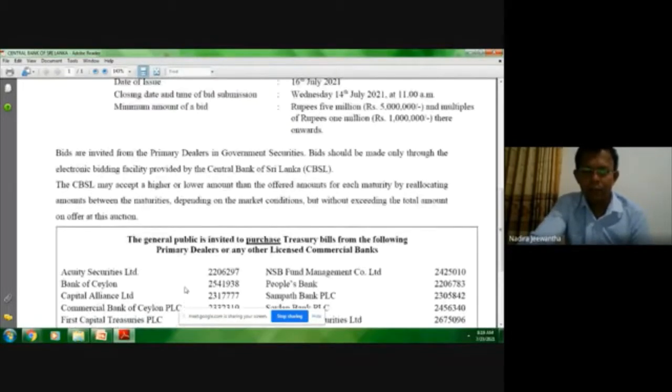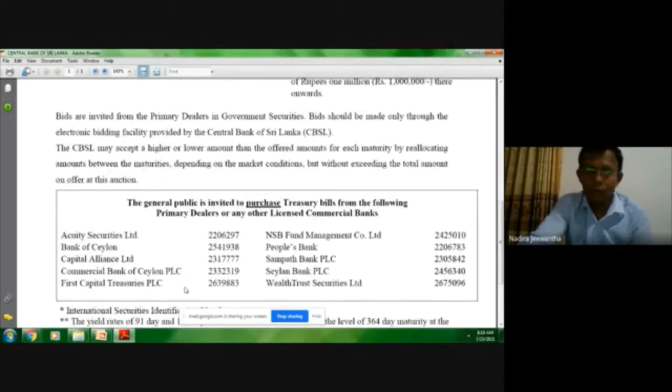Right. I also wanted to upload another paper article about the primary dealers. Their capital requirement has been increased. Presently the requirement is 1 billion rupees, but the government has increased it to 2 billion rupees for these primary dealers.